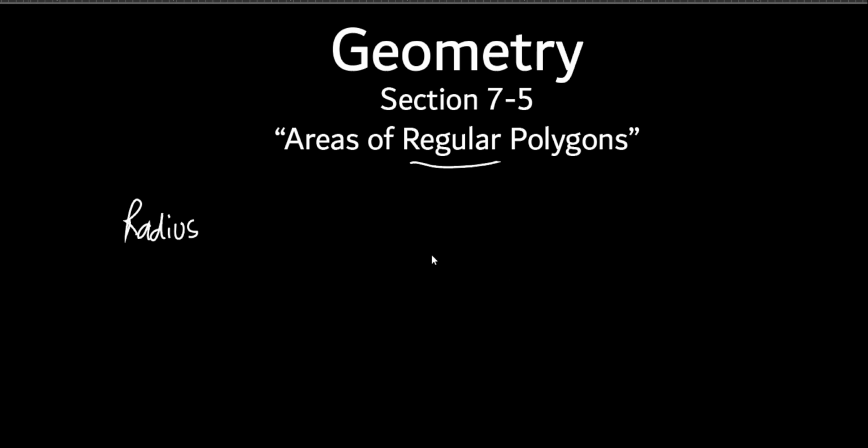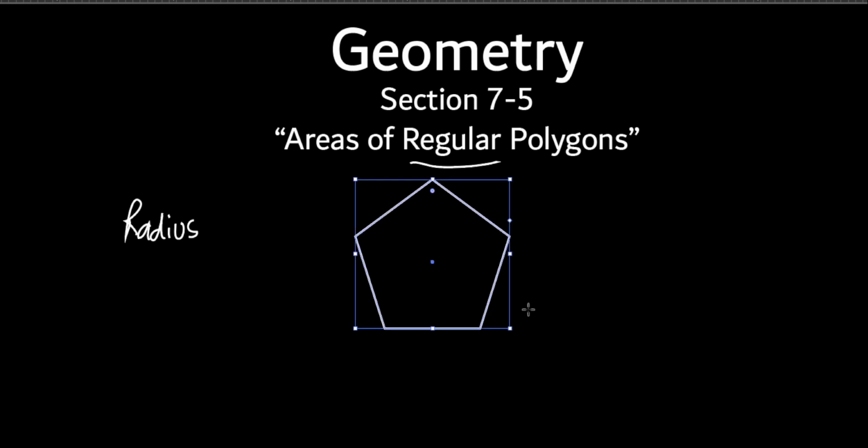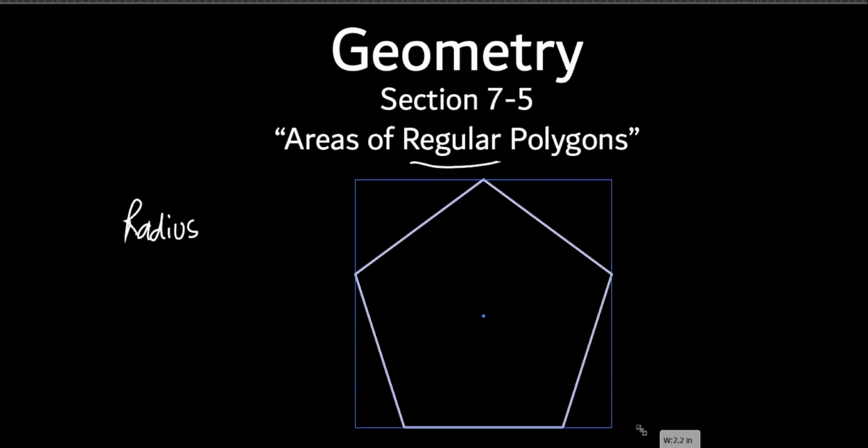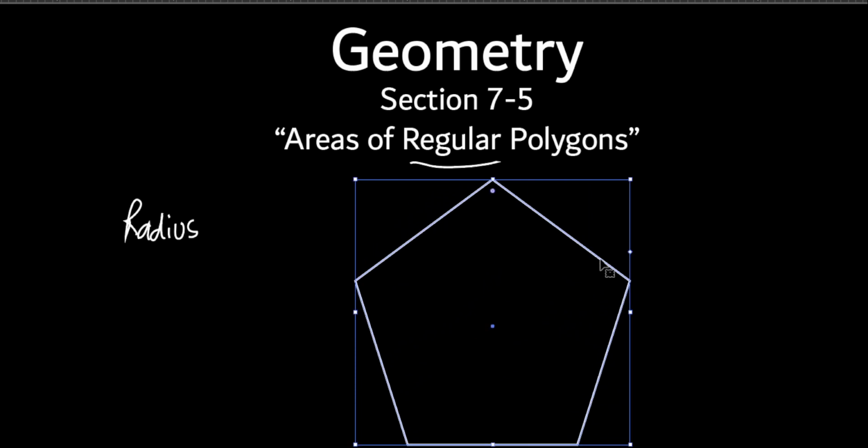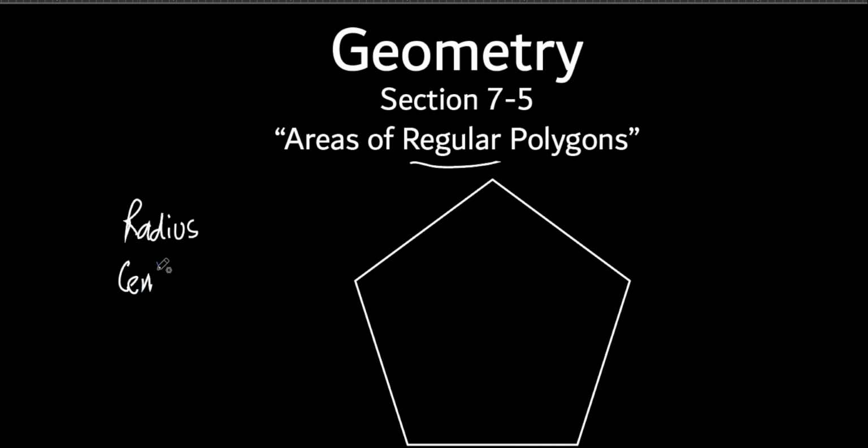Let's make this a pentagon, since I've been talking about pentagons. So there's a pentagon. We're going to talk about 3 words. One is radius. Then the central angle. And then a word that you probably never heard before, called an apothem, A-P-O-T-H-E-M. That's a brand new word, and that's something we need to talk about as well.